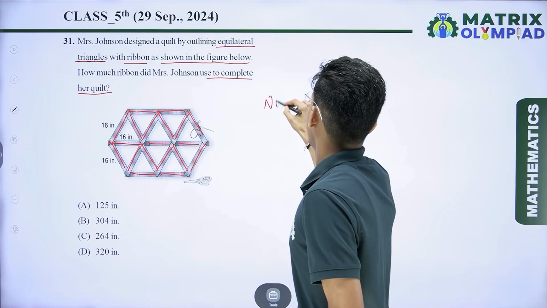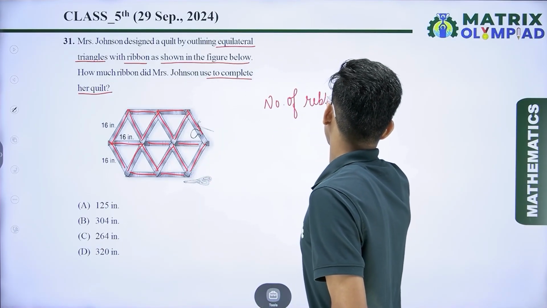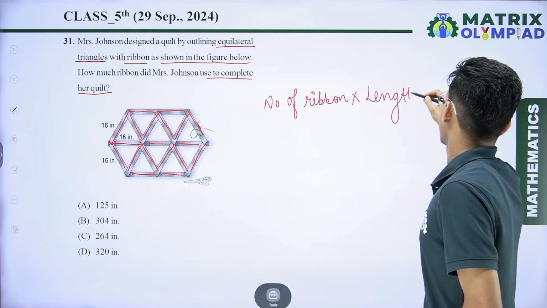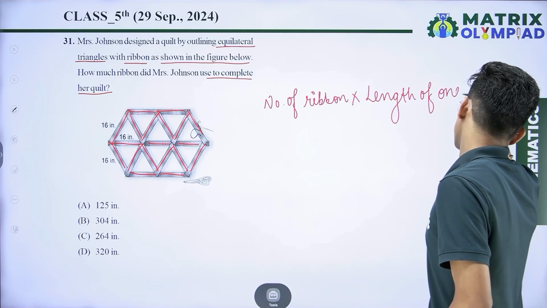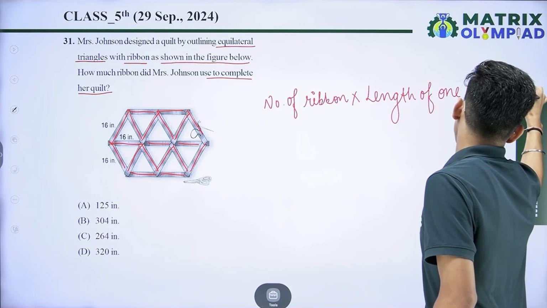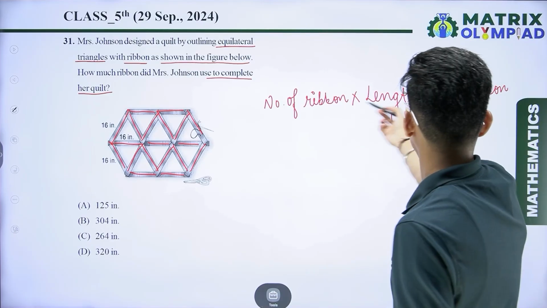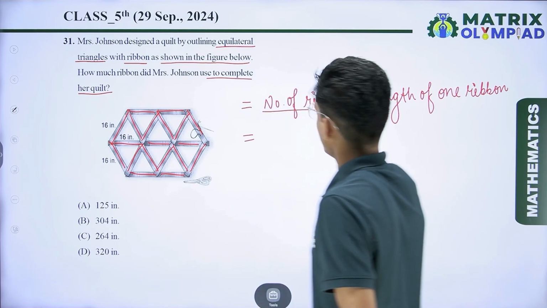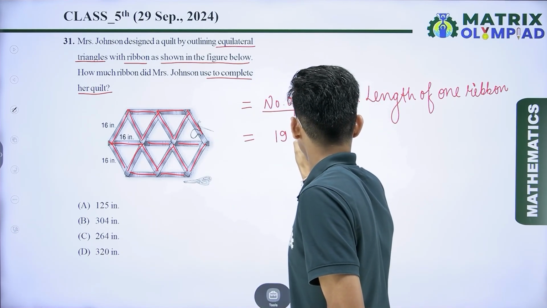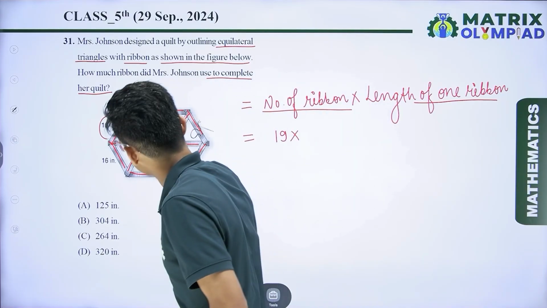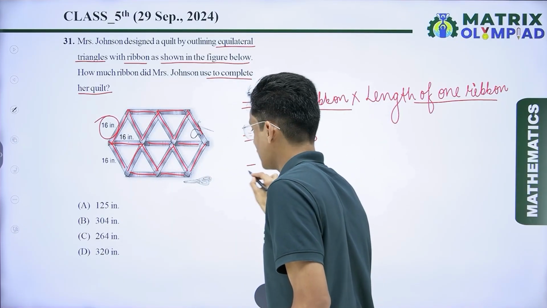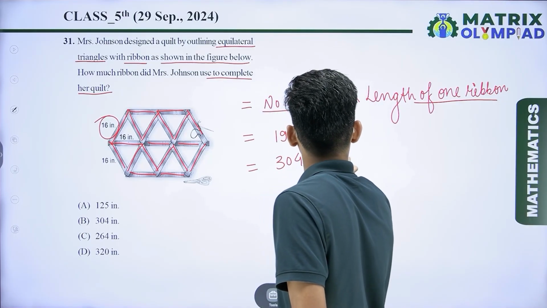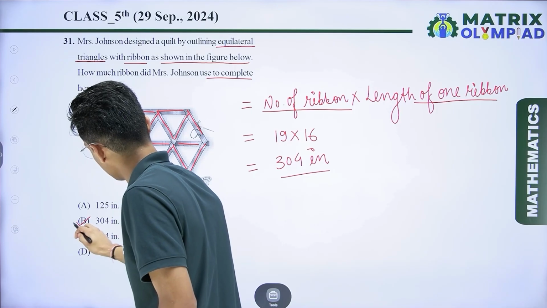So number of ribbons multiply by length of one ribbon. Number of ribbons is 19 over here, multiply length of one ribbon, that is given 16 inch. Now if I multiply 19 multiply 16, then I get the answer 304 inch. So here option number B is the correct answer.